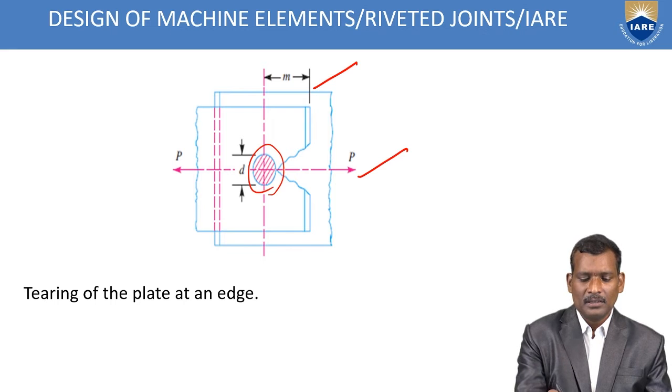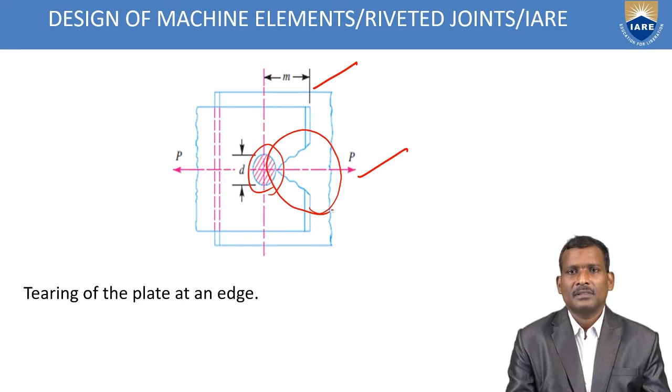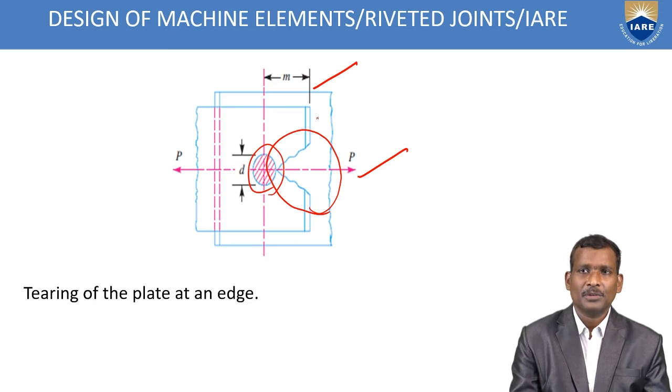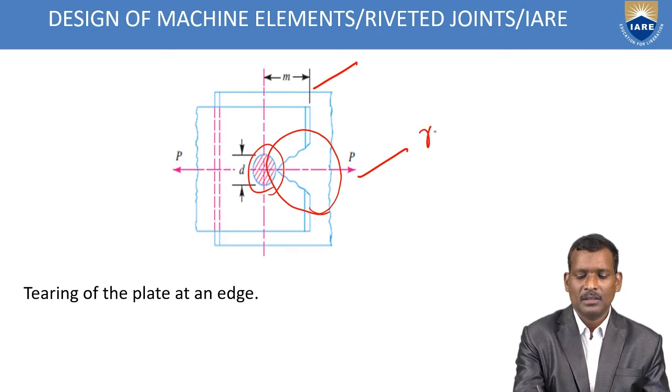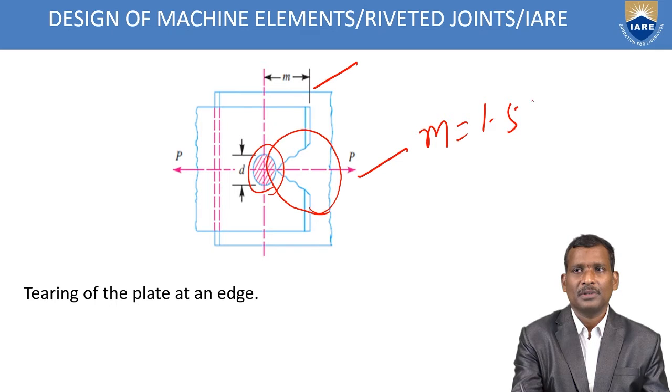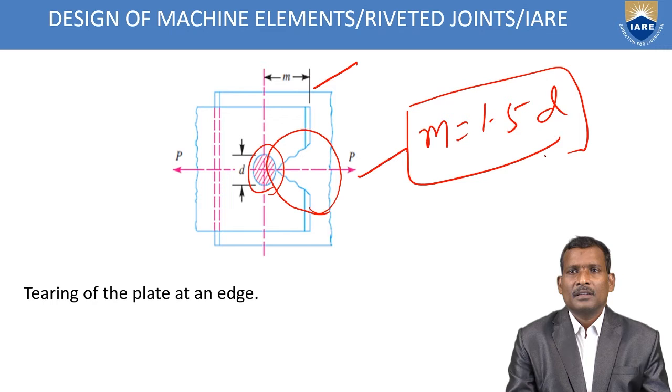See here the tearing failure, tearing of the plate occurred at an edge. That's why, to avoid this failure, always take the margin value as 1.5 times D. This is the standard value recommended by BIS.